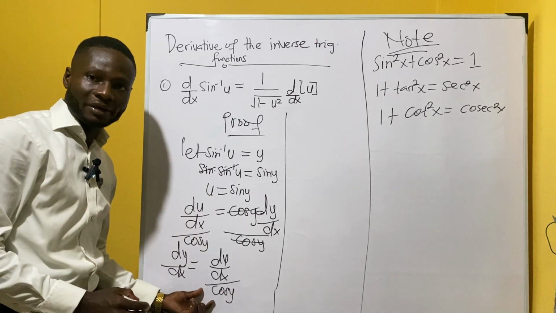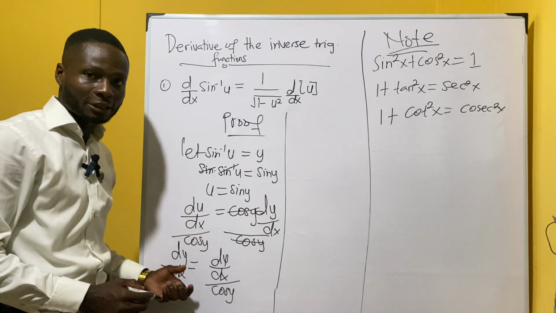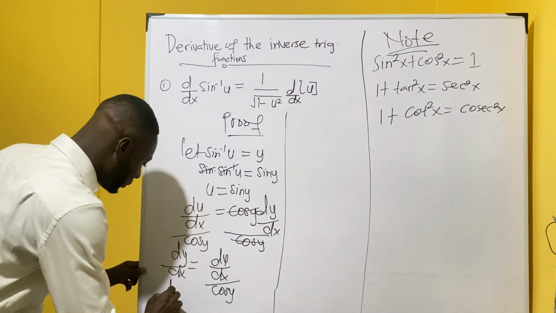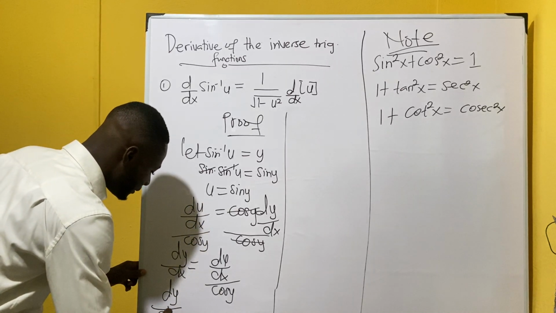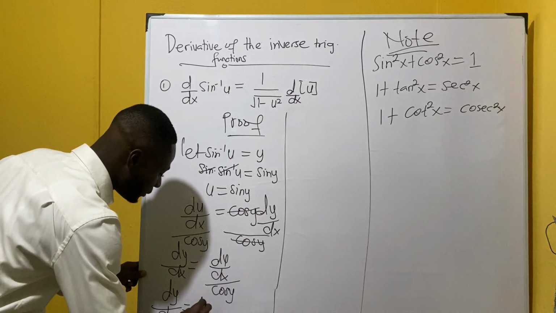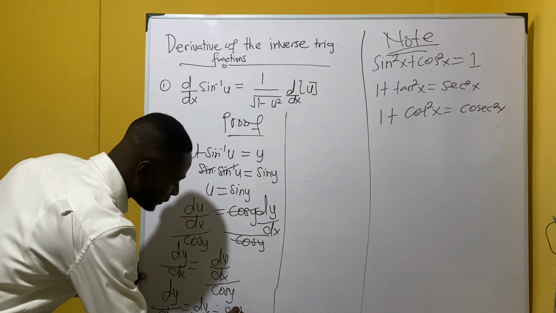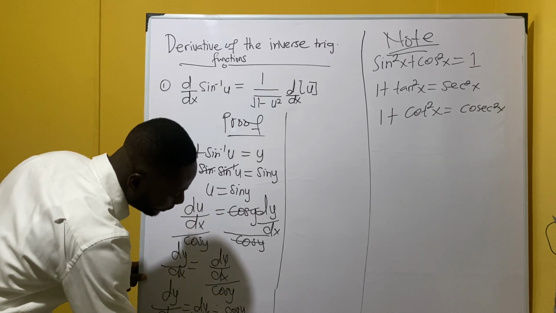Now we can simplify this further to make our mathematics so impressive, right? So we have dy dx equals du over dx divided by cos y. Of course, this is over 1, right?